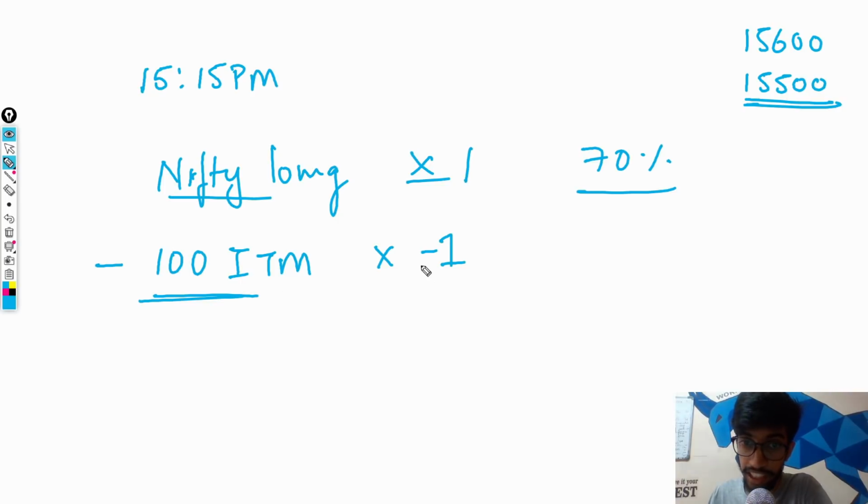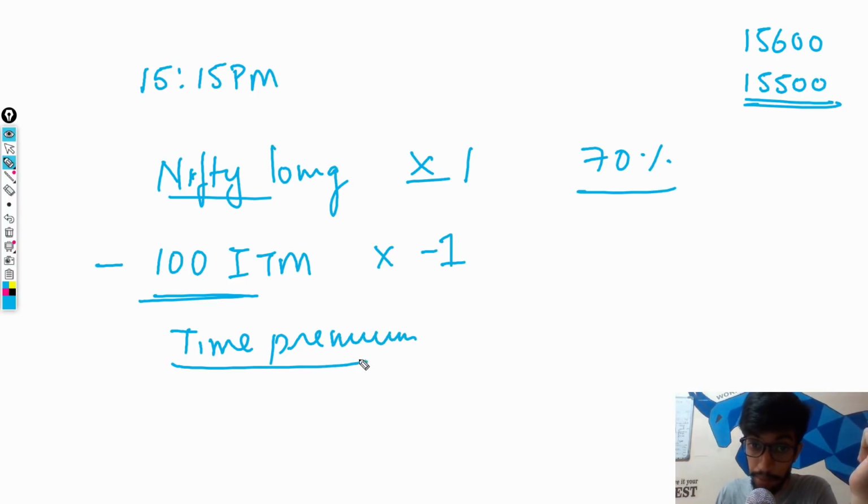Now the question is, why are we shorting the in the money call option rather than the out of the money call option? The idea is, a 100 points in the money option or a 100 points out of the money option is going to have the same time premium. The time premium is going to remain more or less the same, but 100 points in the money is going to give you a cushion in case of a down move, whereas 100 points out of the money is not going to give you any sort of cushion.